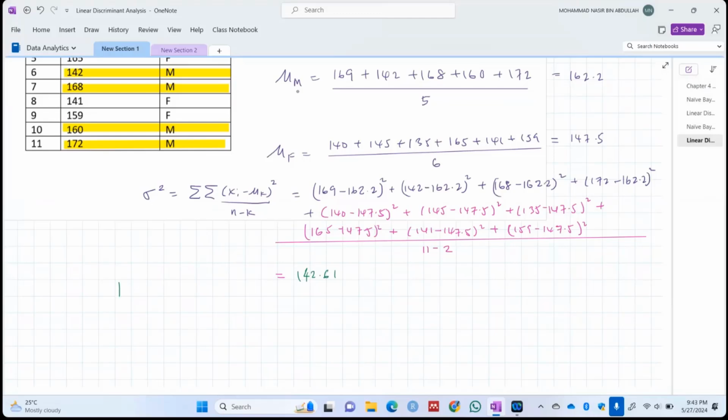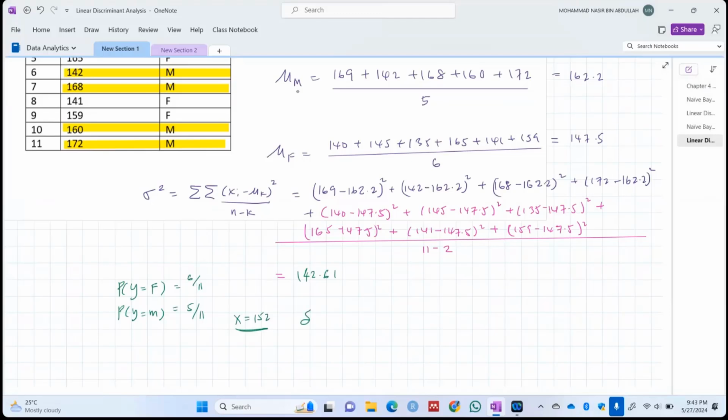So now, we need to calculate the probability of Y equal to female and probability of Y equal to male. So this one should be, female is 6 over 11 and this is 5 over 11. Now, we want to predict whether X equal to 152 should be male or female.